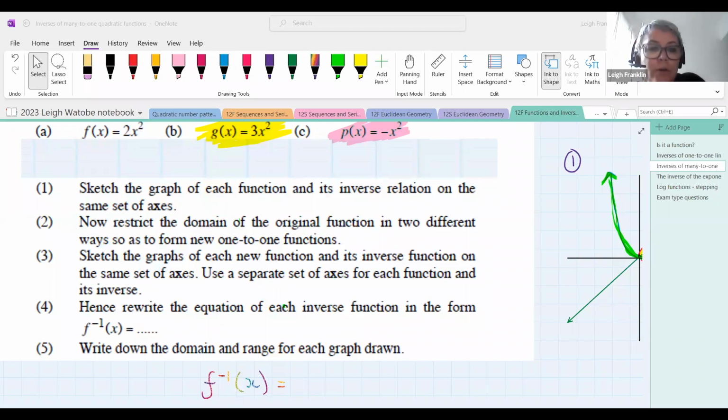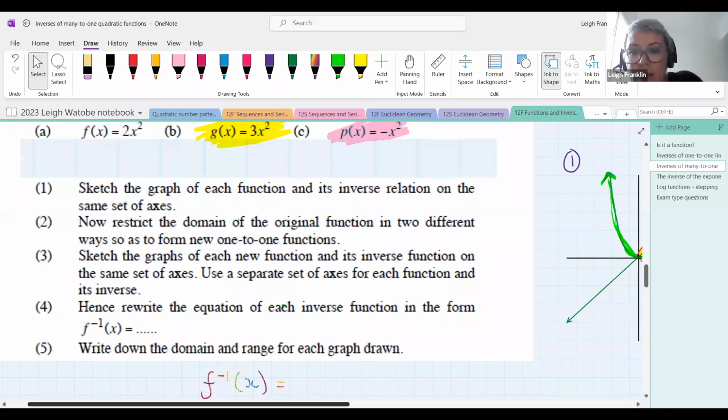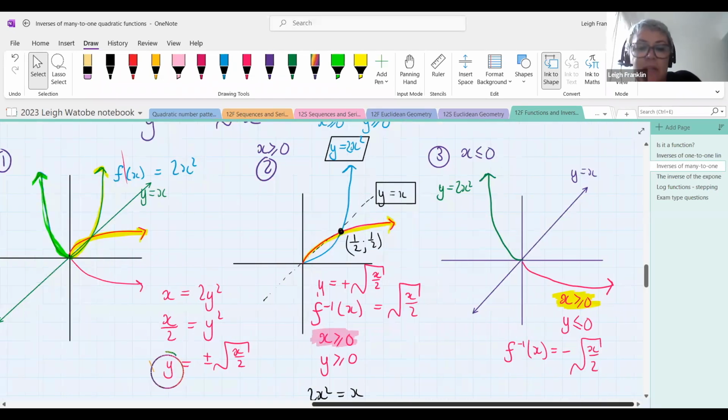So in other words, what you are doing with B is exactly what I showed you. I've done 1, 2, 3, and 4 in all these diagrams that I have done over there. So that's basically what I'm expecting you to do.